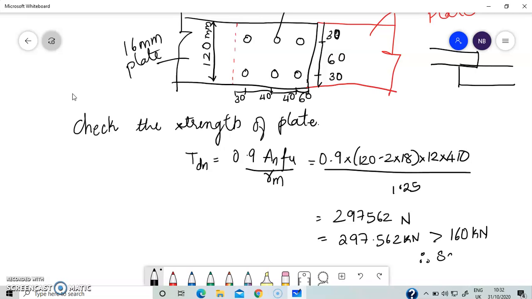Therefore, it is safe. So it is not only the capacity of the bolt that we should be calculating, but also the capacity of the plate. So in case the capacity of plate was lesser than 160 kilonewton, the bolts that we have calculated would have been unsafe. Thank you.